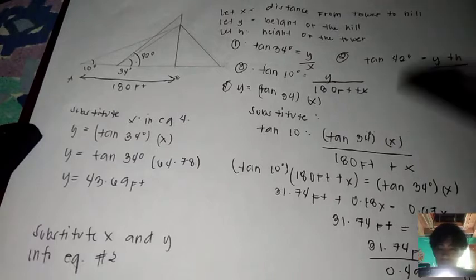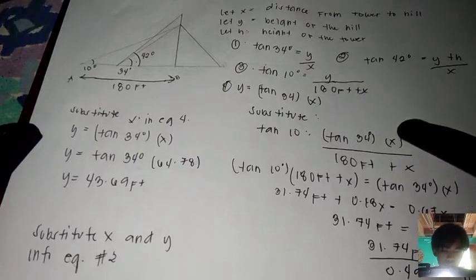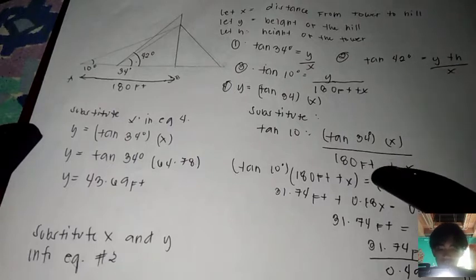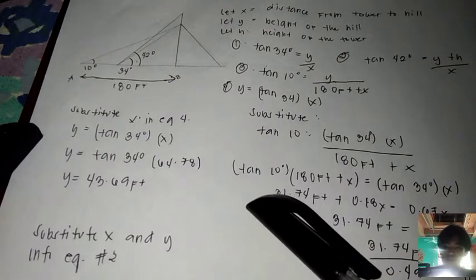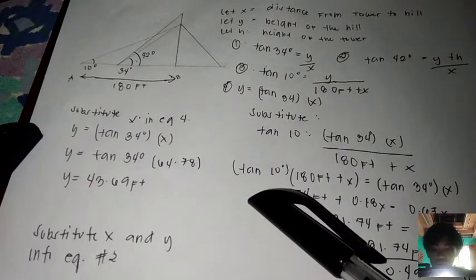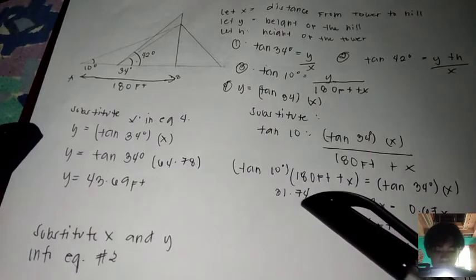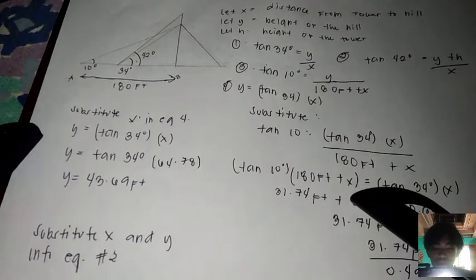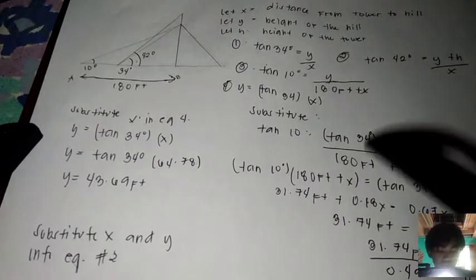So let's transpose the 180 feet plus x to the other side. So we have the quantity of tan 10 degrees times 180 feet plus x equals tan 34 degrees times x.